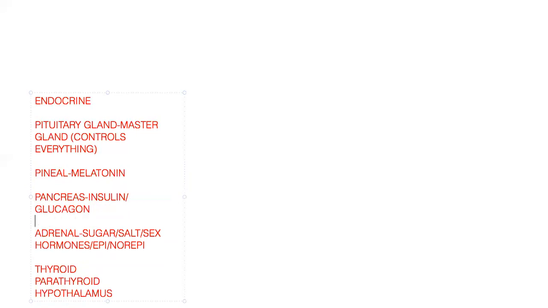The pancreas also secretes glucagon. Thyroid, parathyroid, and the hypothalamus controls thirst, hunger, and temp.